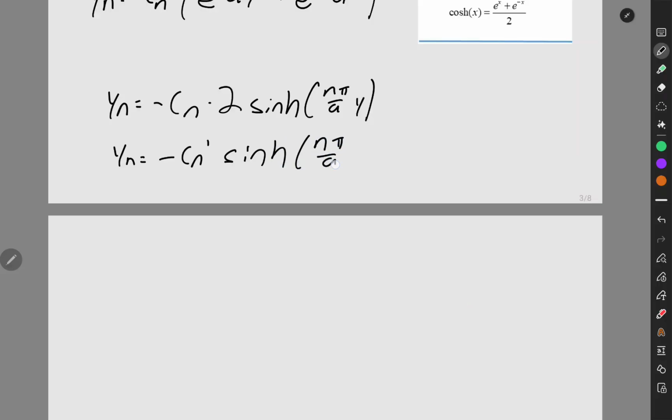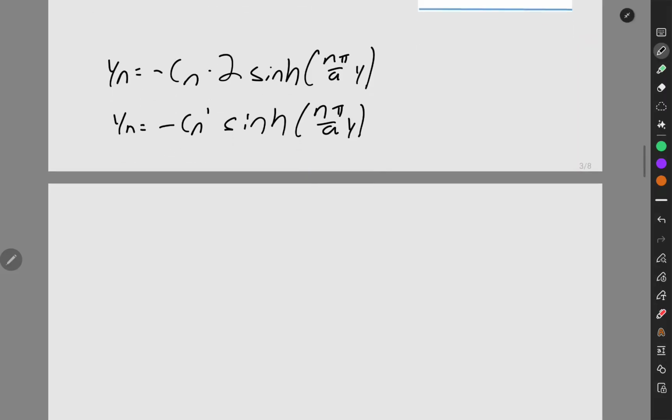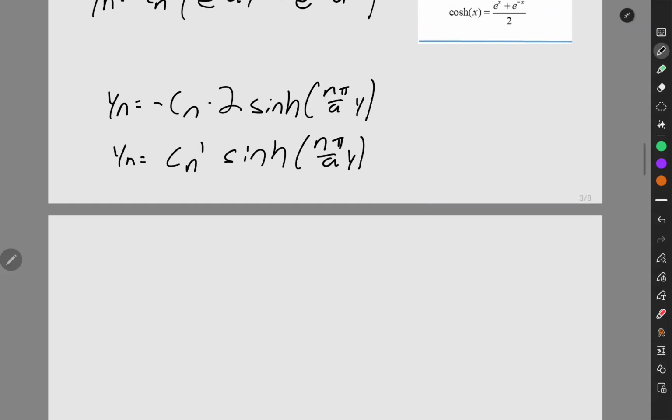That's kind of weird, but that's the way it goes. And actually, so does the negative. The negative also goes into the cn. Now it's kind of a weird thing, but it's because it's a concrete number 2 and a concrete negative 1. We never dealt with this before in PDEs, so previously we would have had something like c of n, like an e to the whatever for the t values, right?